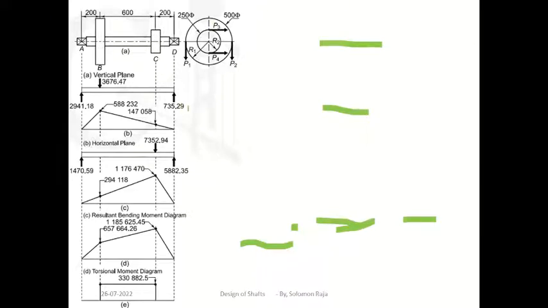First we find this reaction force and this reaction force. Similarly for the horizontal plane, this reaction force we have to find out. Then we find the bending moment, this bending moment and then this bending moment. We will get these two bending moments. Then based on the similar triangle concept, we have to find out the extra bending moment.